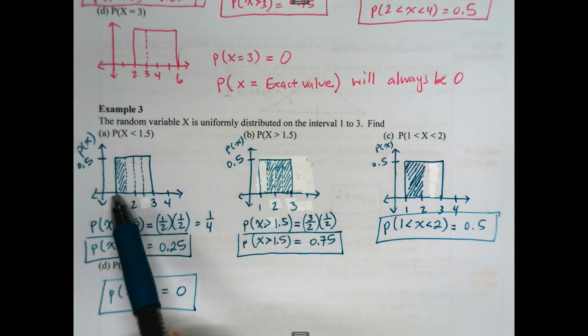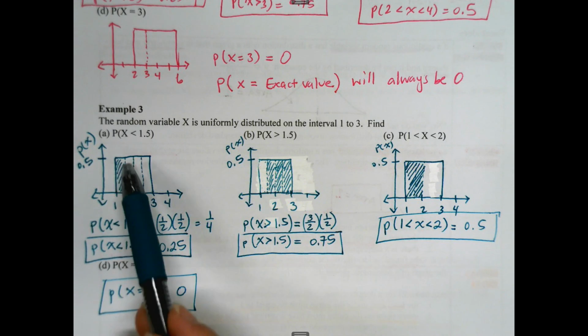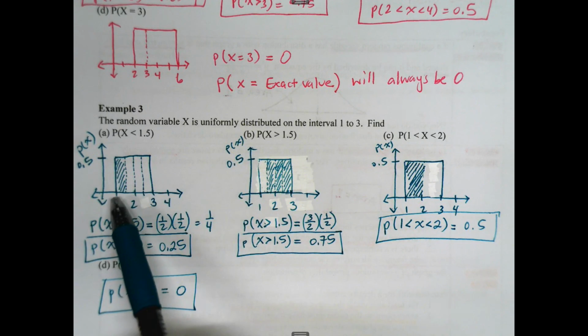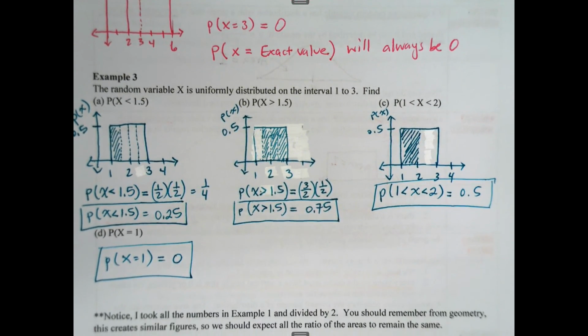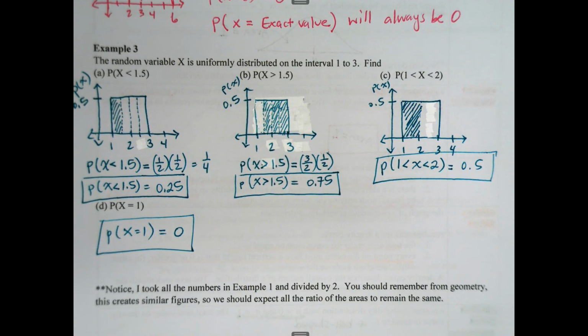Or we could just say that it's 1/2 on our horizontal and 1/2 on our vertical. 1/2 times 1/2 gives us a 1/4 or a quarter. The same thing kind of follows for part B, C, and D, just like we did in example number 2. Notice that I took all of the numbers in example 2 and divided them by 2. You should remember from geometry this creates similar figures, so we would expect all the ratios of the areas to remain the same.